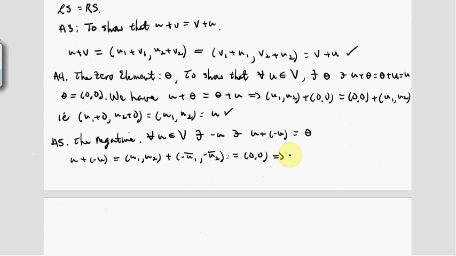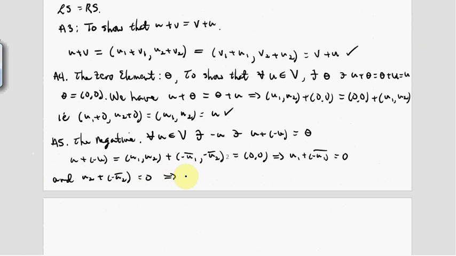Well, this implies then that u sub 1 plus negative u sub 1 hat is equal to 0, and u sub 2 plus negative u sub 2 hat is equal to 0.